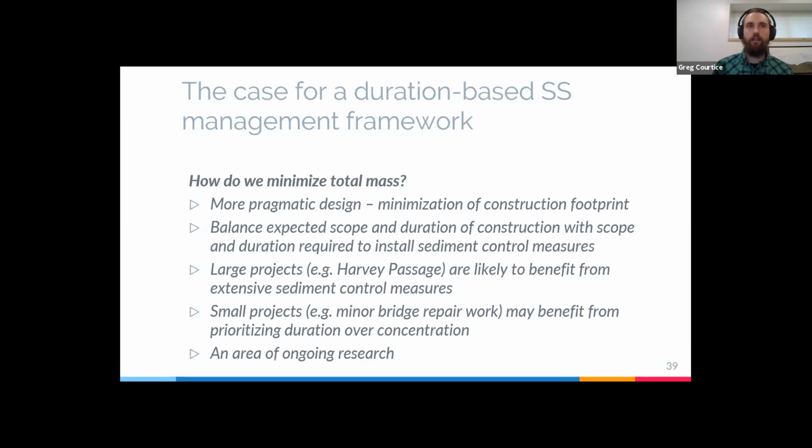And this nuanced approach of figuring out what works well for medium-sized projects is where my research is focused, trying to determine exactly what that threshold is and developing best management practices for complex projects that might have a less clear answer to those questions.